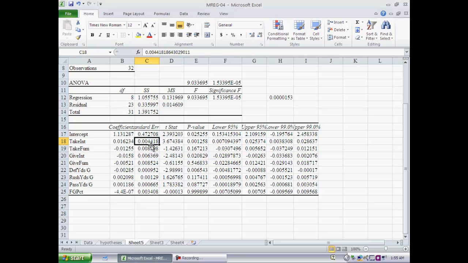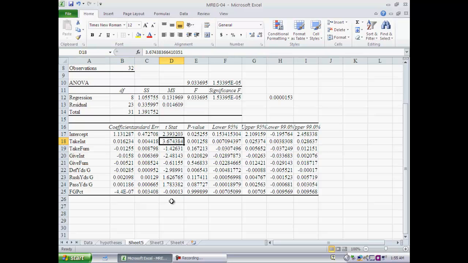So 0.016 is a point estimate of beta 1, and that's a sample statistic, hence it's a random variable. It must have a standard deviation, and Excel has given us that output. If I want to find out how many standard deviations away from 0 this 0.0162 is, that's what this number tells me: 3.67.